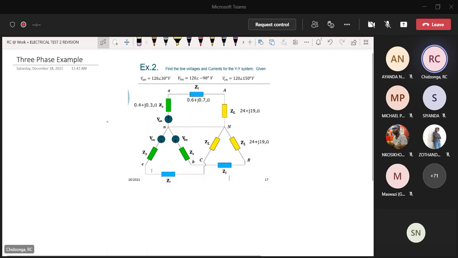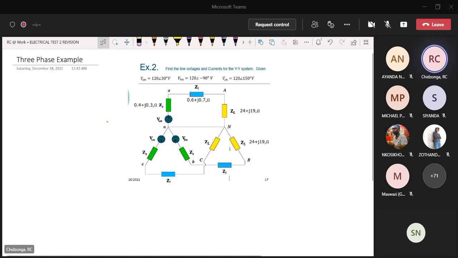And for H2, you are not going to deal with any other scenario but the balanced case. By balanced, what we mean is, if you look on the load side, the impedance in all the three phases are the same. So it's 24 + j19, 24 + j19, even for the other phase which is not shown, is the same.